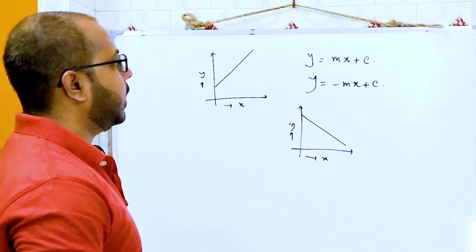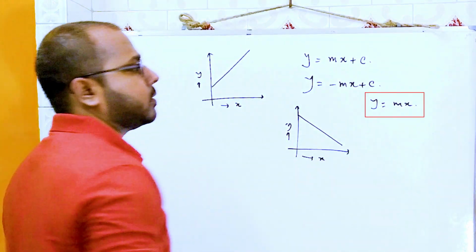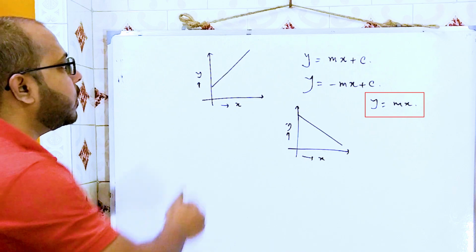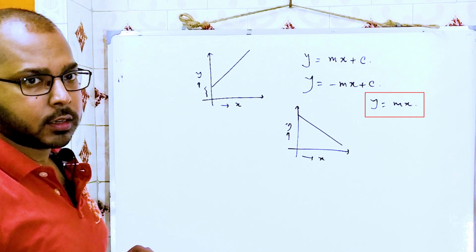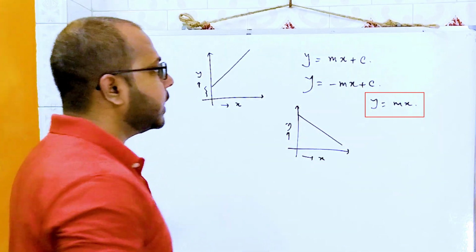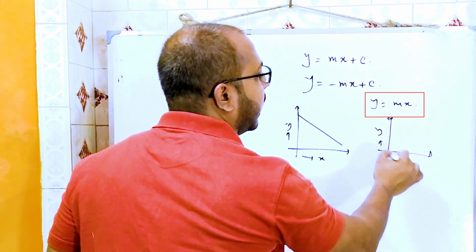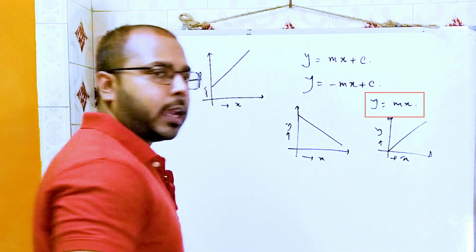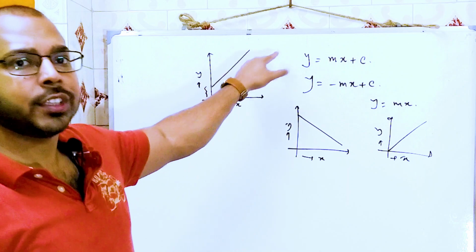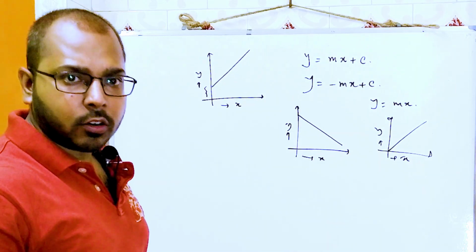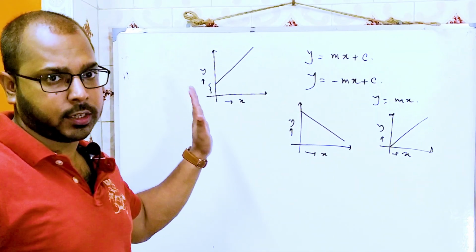And if this c is absent, y equals mx. C was the intercept part, so if it is absent, the line will pass through the origin. Any doubt? Clear? So this is straight line formation.